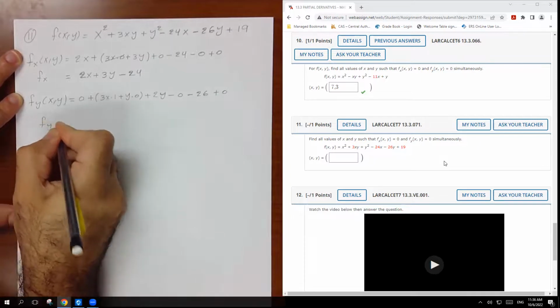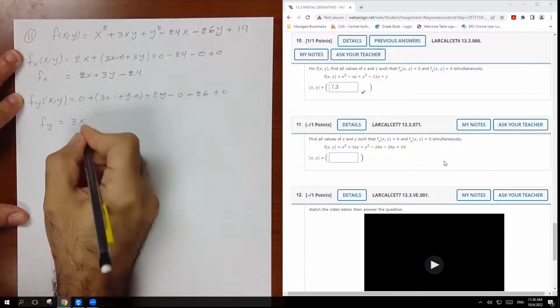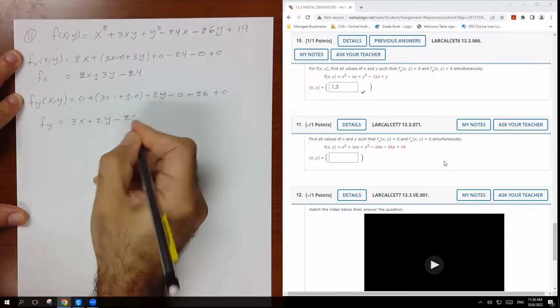So f sub y is going to be equal to 3x plus 2y minus 26.